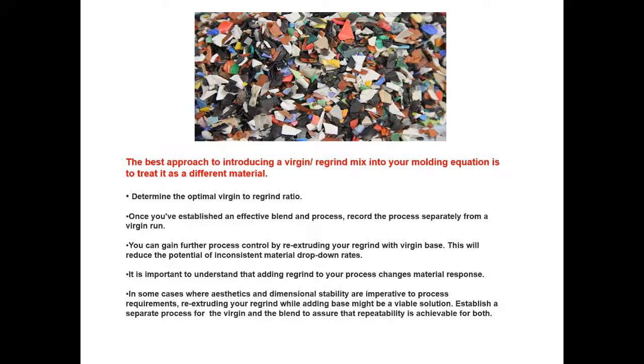In some cases where aesthetics and dimensional stability are imperative, extruding your regrind while adding base would probably be a viable solution. And you're going to establish a separate process for the virgin and the blend to ensure that repeatability is achievable for both.